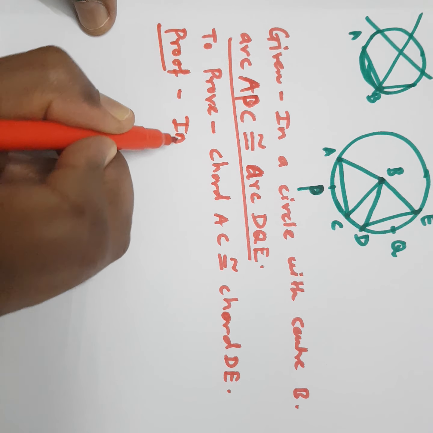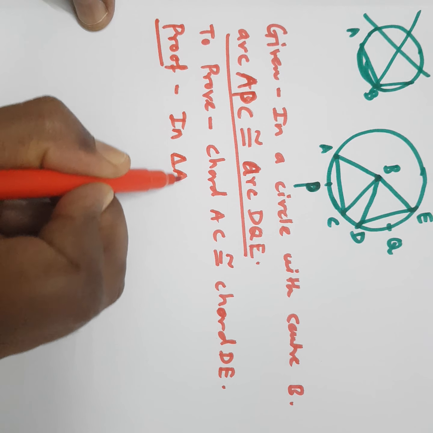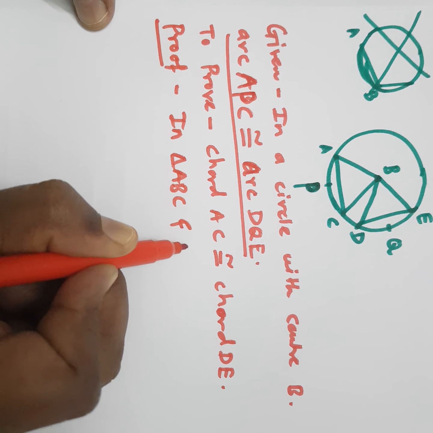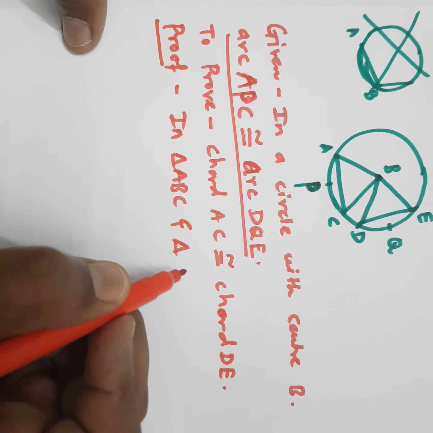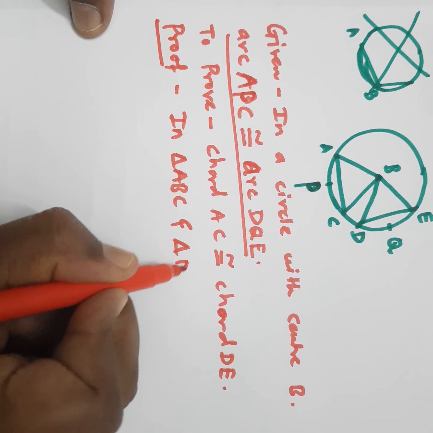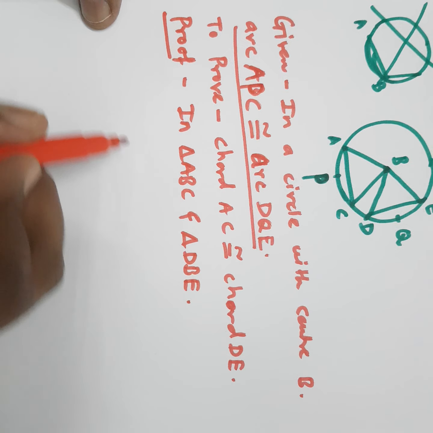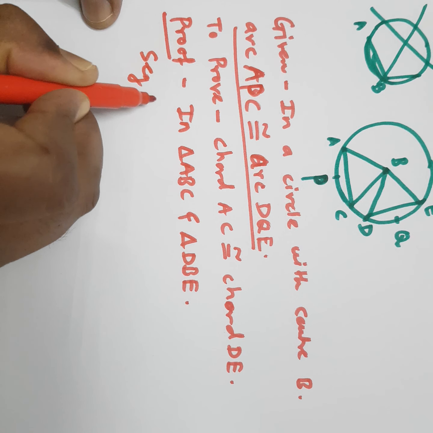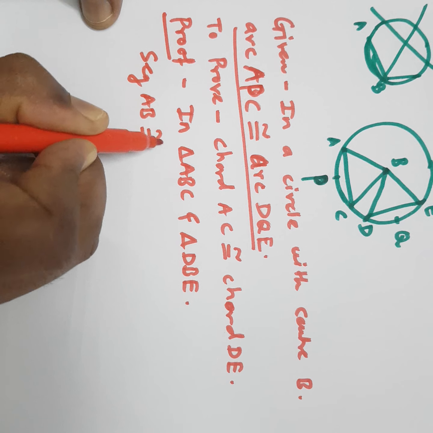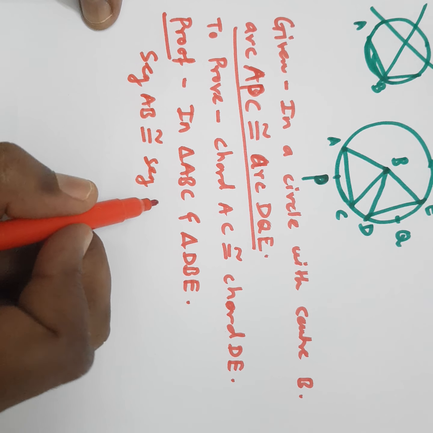In triangle ABC and triangle DBE, here are two triangles. Seg AB congruent seg DB.